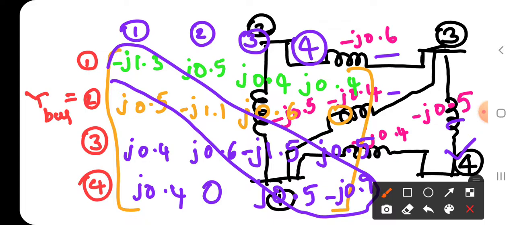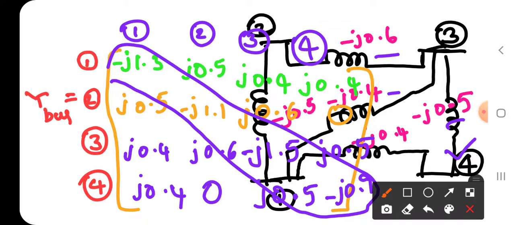You can observe that diagonal elements have more value compared to the off diagonal elements. So you can say the diagonal elements are dominating the off diagonal elements.